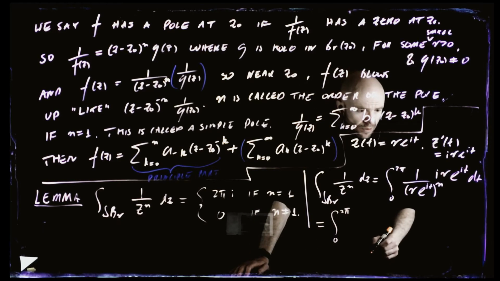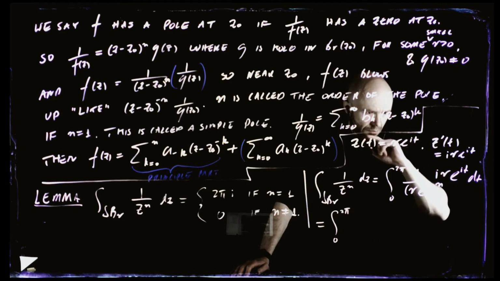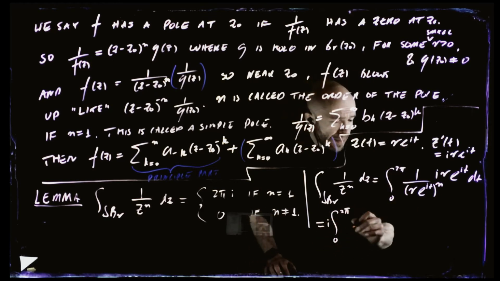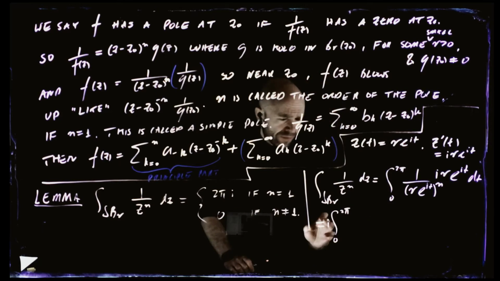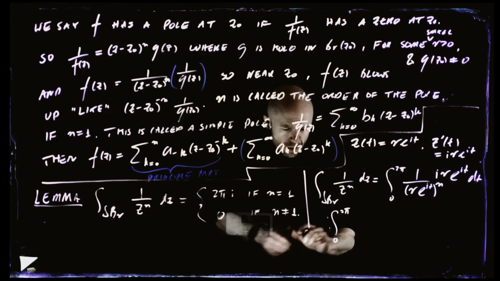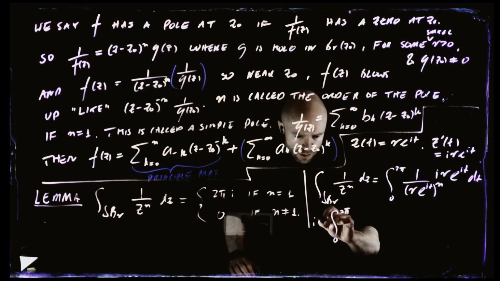Then we have a fair bit of cancellations here, right? Let's pull out the i straight away, and let's also pull out the r, because it's not involved in the integration itself. So let's pull out the i, and then we have r to the 1 minus n here.